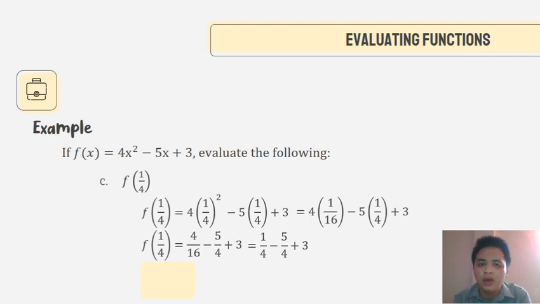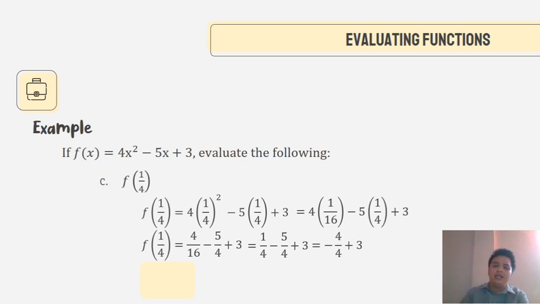So, kung napapansin mo, meron na tayong common fraction. Diba? Yung fraction na may parehong denominator. So, anong gagawin kapag may ganyan? Just simply operate the numerator and copy the denominator. So, 1 minus 5 is what? That's negative 4 over 4 plus 3.